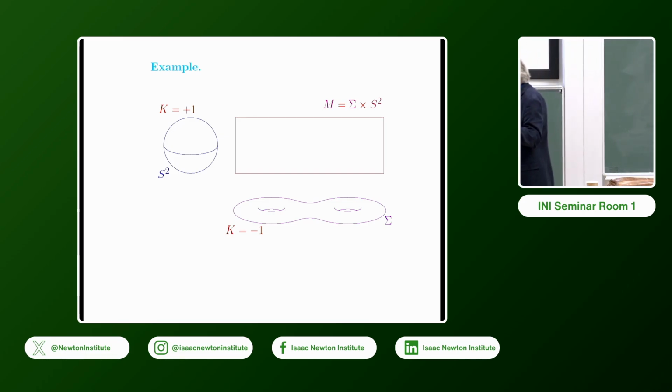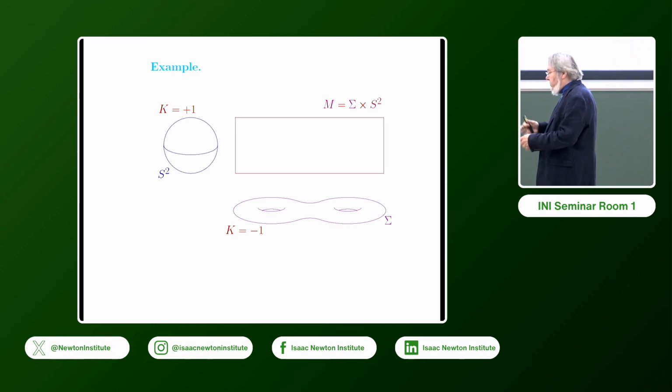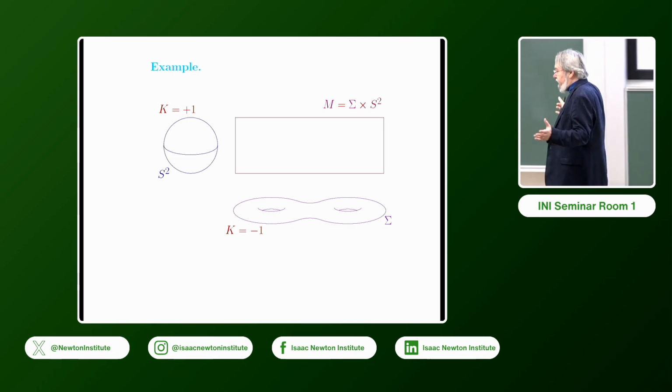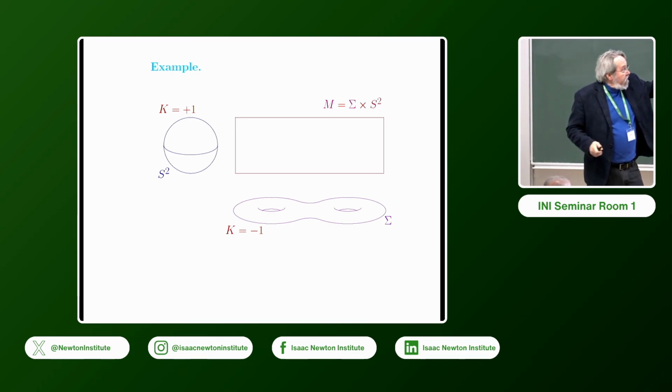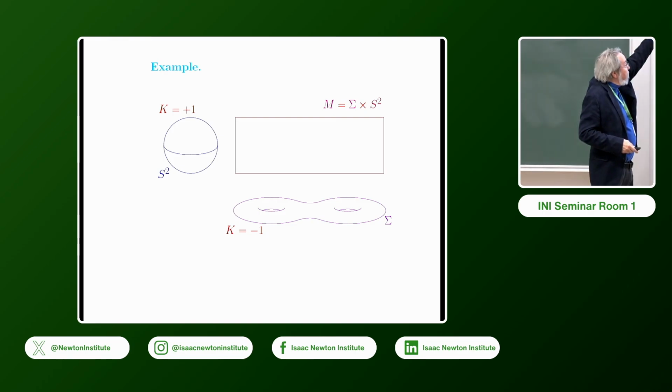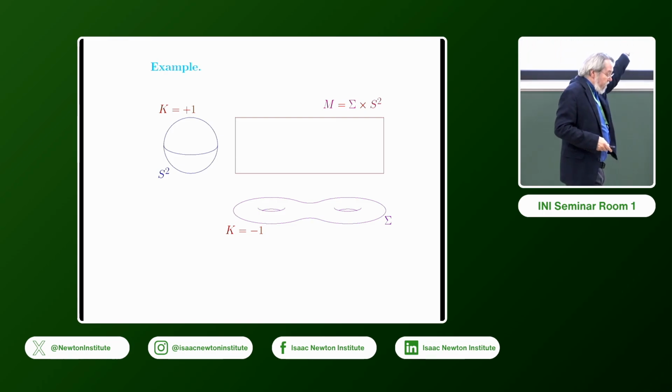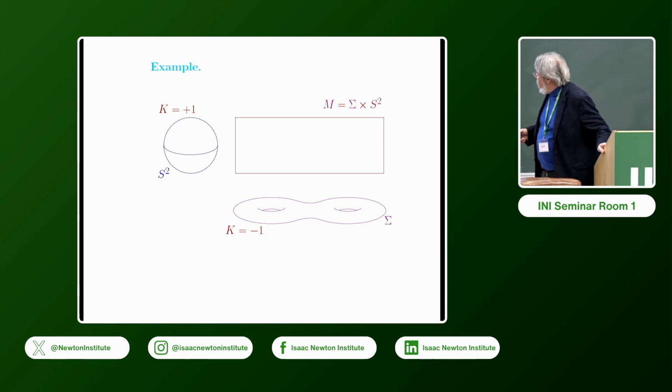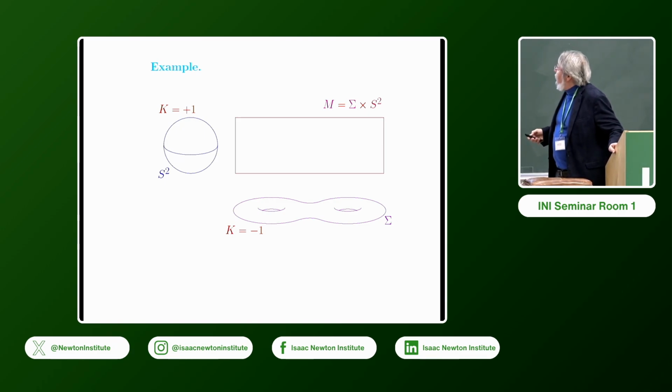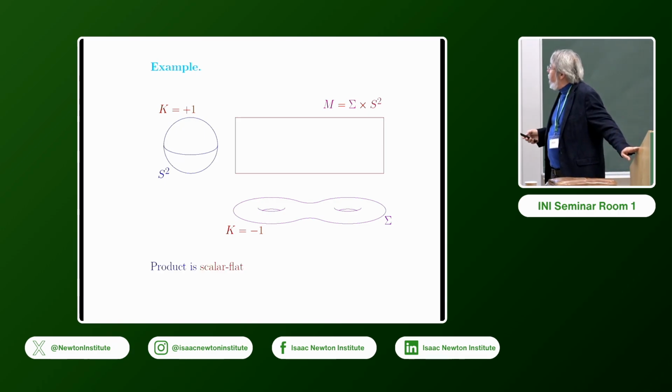And you may not know this, but when you take a Riemannian product of two manifolds, their scalar curvatures add. The fact that this has scalar curvature +2 and this has scalar curvature -2 means that the scalar curvature of the product is 0. So this is a scalar flat Kaehler manifold, but actually that's true for both orientations.